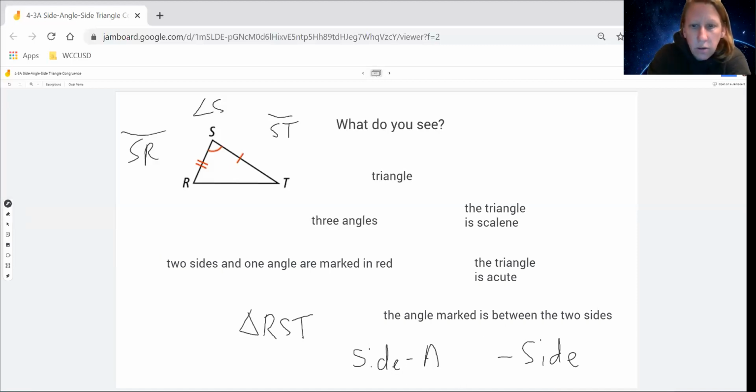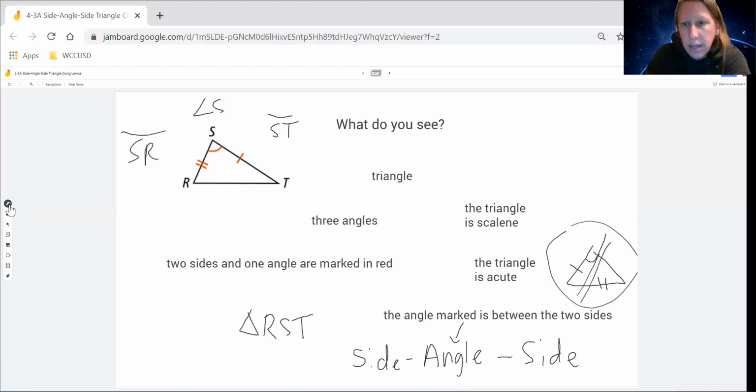Side, angle, side. What's the math word for that? Included. That's an included angle. Just so you know, side angle side does not look like this. If you had a side and an angle and then the side over here, that would not be side angle side. That would be like angle side side. Spell that out.